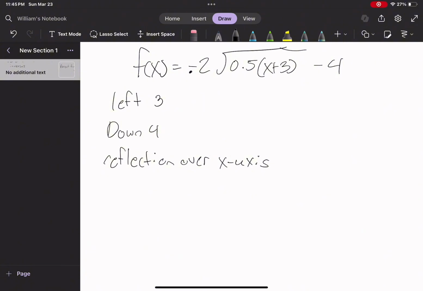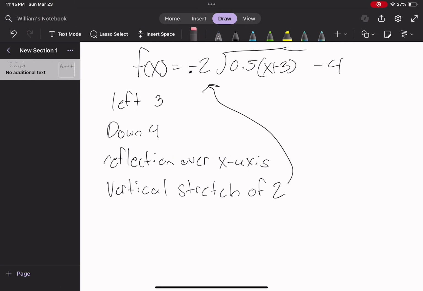And the actual 2 behind the negative will be a vertical stretch of 2, meaning we're getting tighter or closer to our y-axis. Now let's look at this 0.5, and another way you can look at it is 1 over 2. That'll actually be a horizontal stretch of 2.